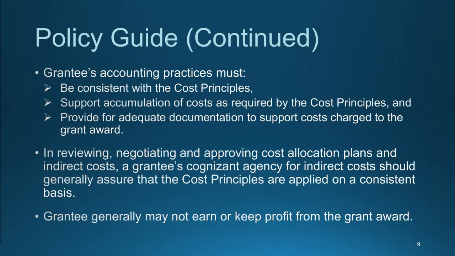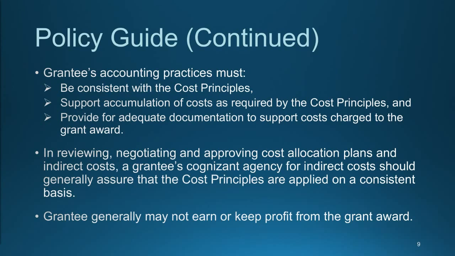So that's that piece of it. The next one has to do with your cognizant agency, the entity that negotiates your indirect cost rate for you, and their responsibility to make sure that cost principles are applied consistently, to the best of their ability to tell, as they're negotiating that rate.